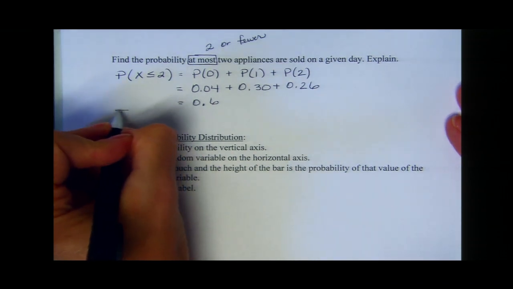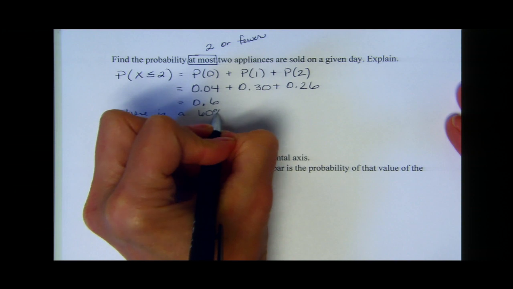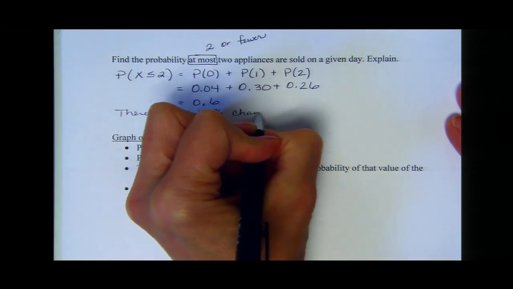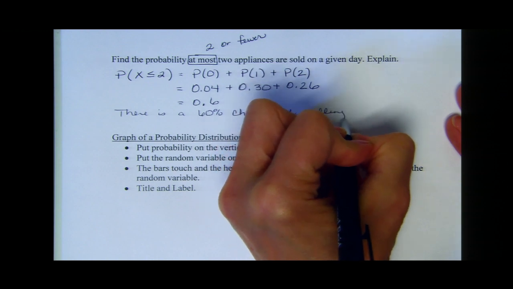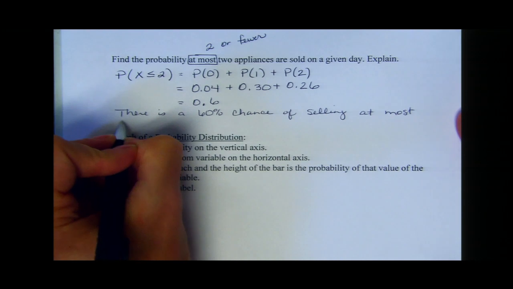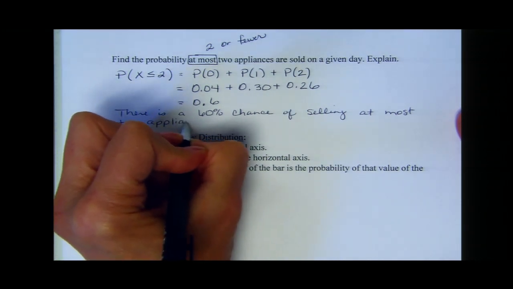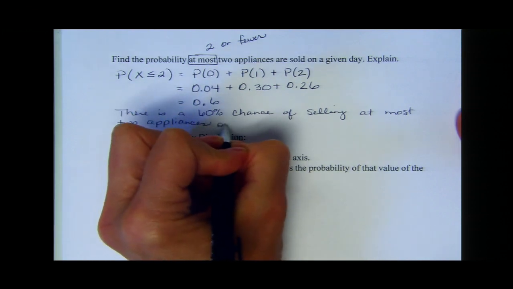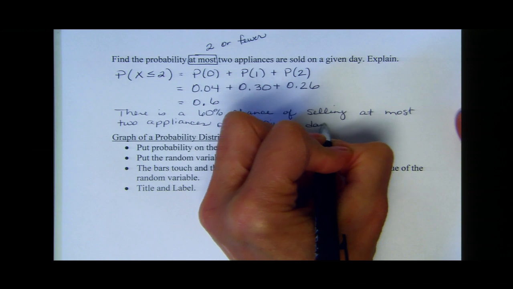So there is a 60% chance of selling at most 2 appliances on a given day.